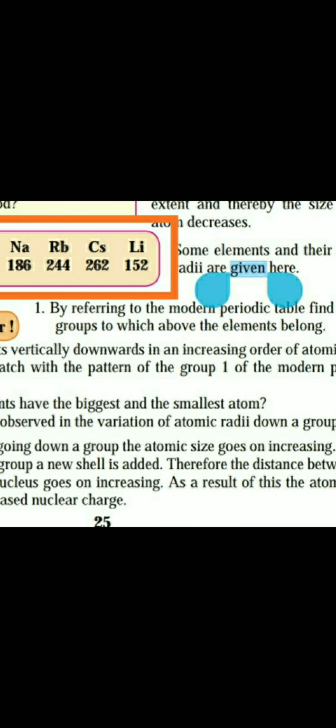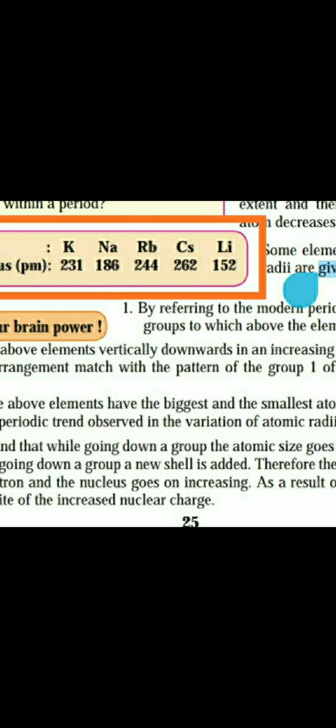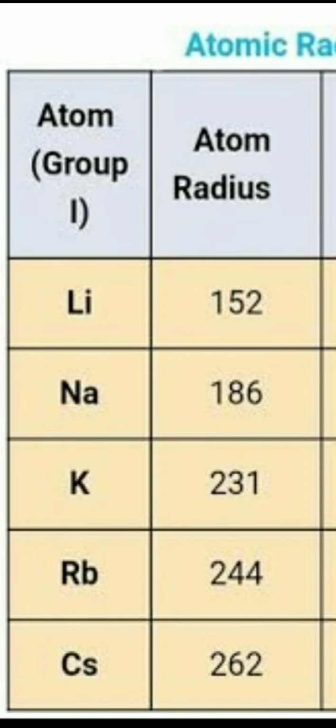By referring to the modern periodic table, find out the group to which the above elements belong. By observing lithium, we can say that these are elements from group 1. So we arrange these elements vertically downward in increasing order of atomic radii.